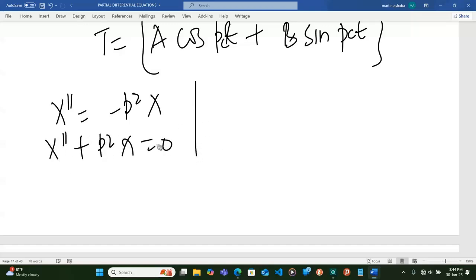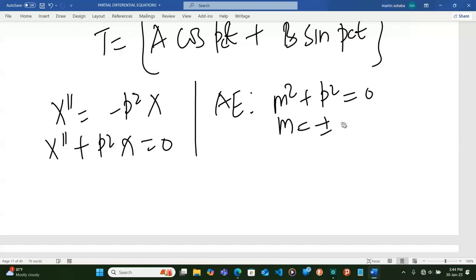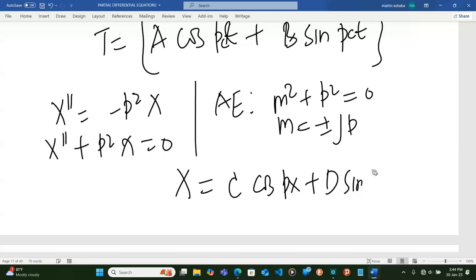And what would be the auxiliary equation? The auxiliary equation would be m squared plus p squared. So if it is equal to 0, then m will be plus or minus j p. So meaning that the solution x will also be, let me consider c, maybe c cos px plus d sine px.